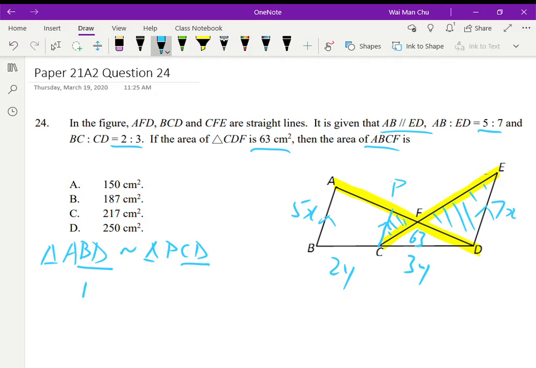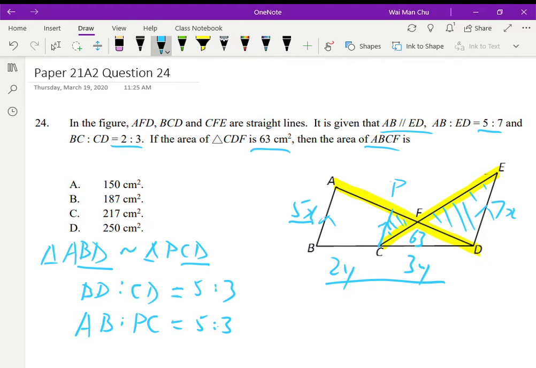BD to CD should be equal to 5 to 3 if you look at the length of the base. So the corresponding side AB to PC should also be equal to 5 to 3. But because the length of AB is 5x, that means the length of PC should be 3x.